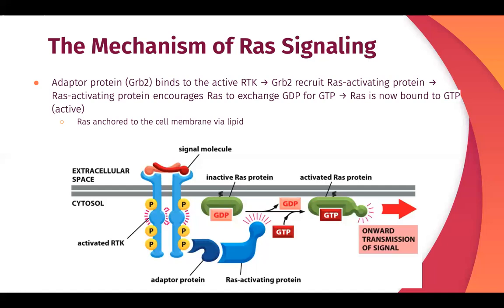And like I said in the last review session, if you didn't go, GEF does not make GDP a GTP. It causes a conformational shift so that RAS will release GDP and GTP will come in and bind. And this activates RAS. And RAS is anchored. You can see it shows in this little squiggle because we make lipids look like squiggles. It's anchored to the cell membrane via a lipid.